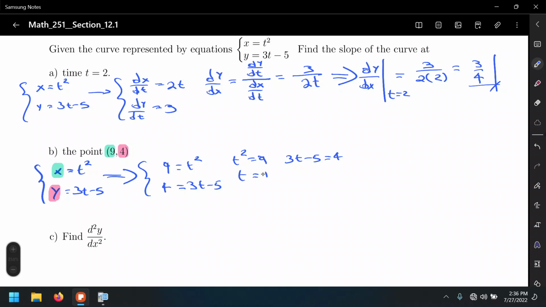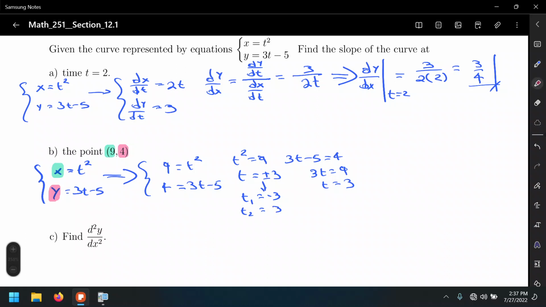Well, t equals plus or minus 3, that's the square root of 9, plus or minus. And then 3t equals 4 plus 5, that's 9, and t equals 3. So in this case, which one are we going to get? Notice we get t1 equals negative 3 and t2 equals positive 3.